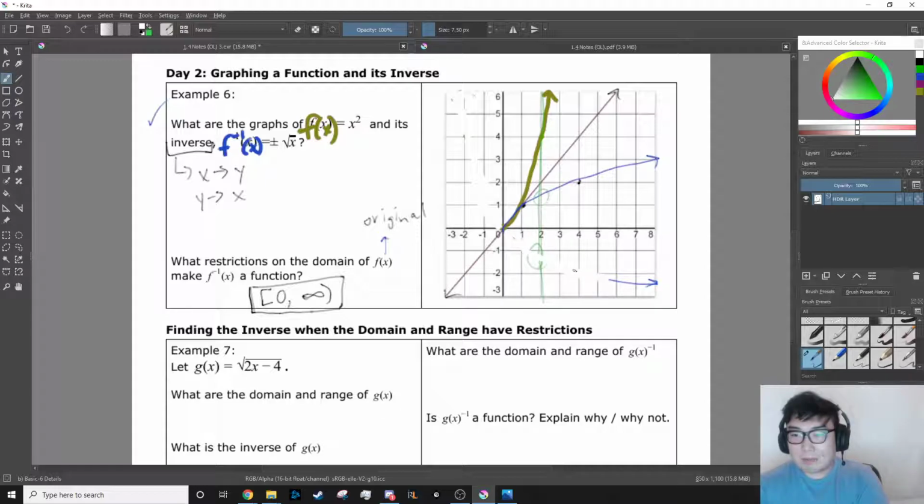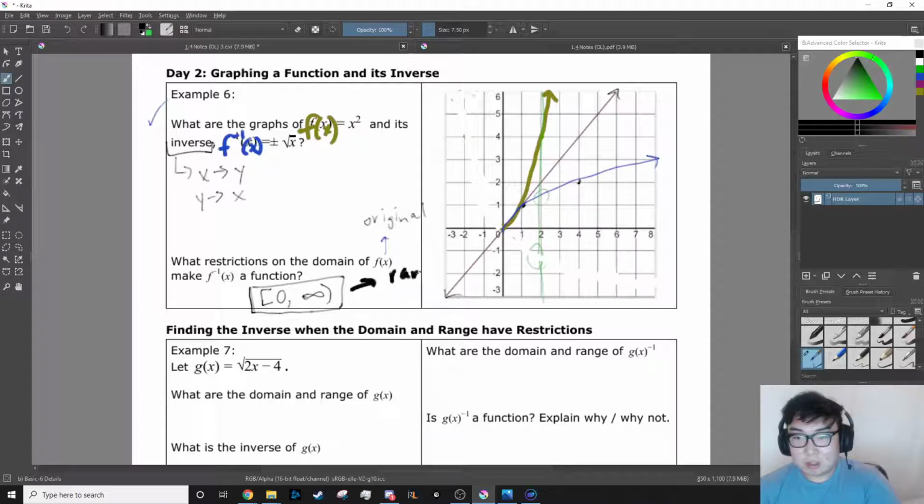My negative half of my square root of x would go away too if I limit the domain, because now I'm talking about 0 to infinity, as in my graph became 0 to infinity, and same thing with my original. 0 to infinity became my new range, because we know that when we take the inverse, the domain becomes the range for the inverse.